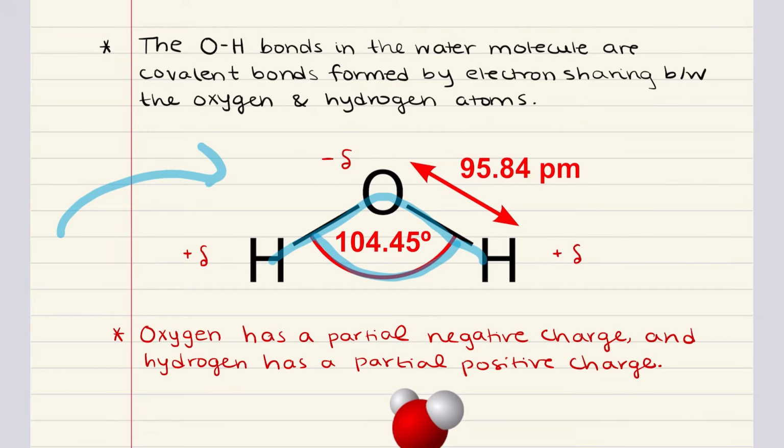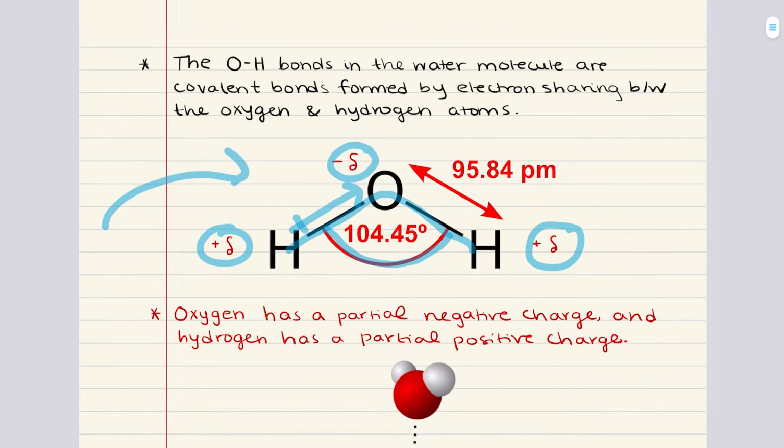What this results in is a partial negative charge on the oxygen, and partial positive charges on the hydrogens. Because of this unequal charge distribution, water is said to be a polar molecule. It is this polarity that gives water its great ability to dissolve compounds.